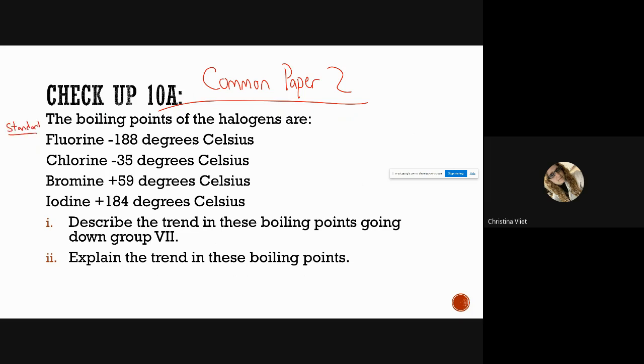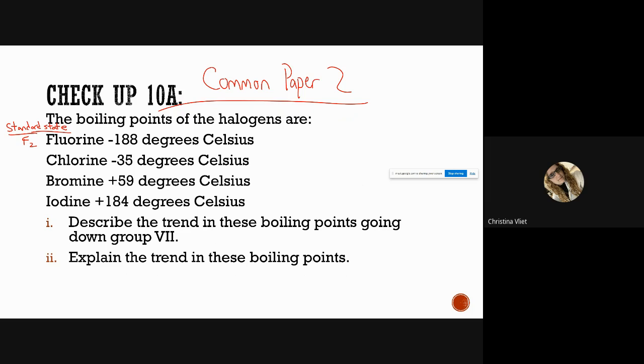What is the molecule for fluorine? It's not F. What is it? F2. F naturally exists as F2, not just F. Chlorine exists as Cl2. Down the whole group, all of them are diatomic.